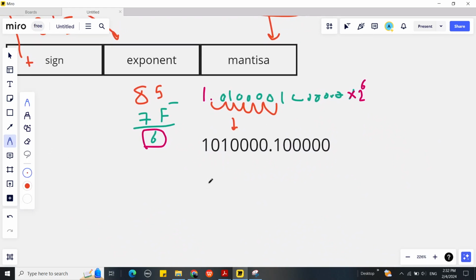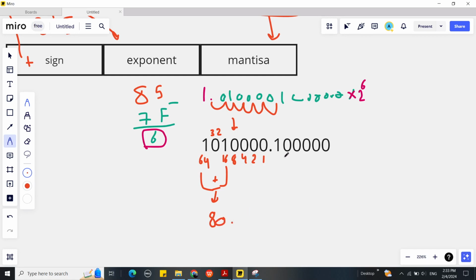Okay, this is 1, this is 2, this is 4, this is 8, this is 16, 32, 64. So 64 plus 16 gives me 80, right?